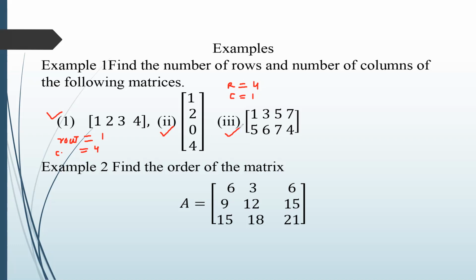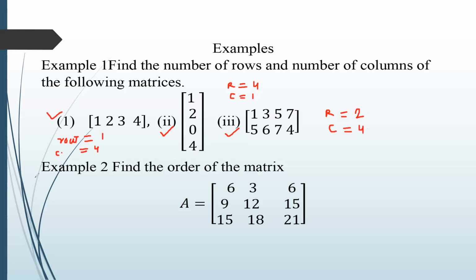Now we go for the third part. Here there are 2 rows, and the columns are 1, 2, 3, 4, so there are 4 columns. Is that clear?